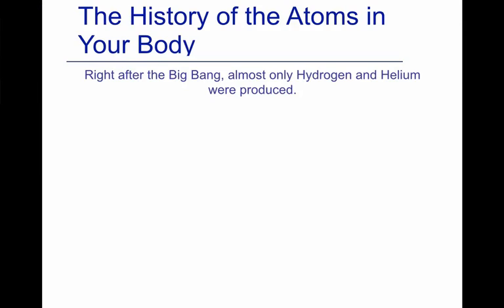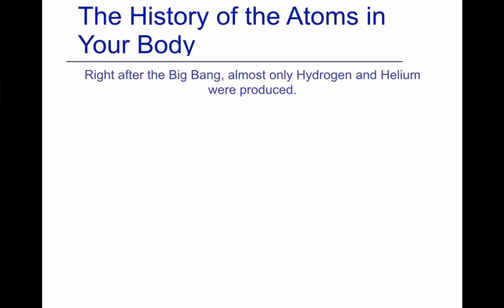So everything that's made up in our world, all of the little tiny pieces that are inside of everything, these atoms, they were all produced right after the Big Bang. Now, right after the Big Bang we had mostly just hydrogen and helium. I know I'm not mostly hydrogen and helium, right? Neither are you. We've got carbon and oxygen and things like that as well.